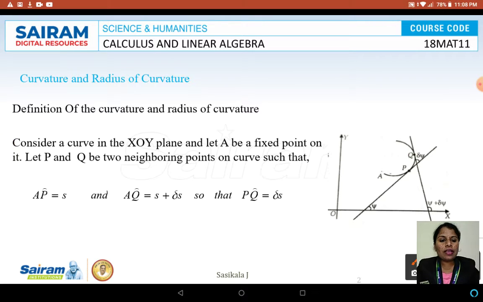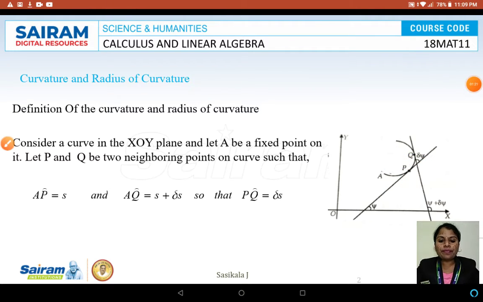So from A to P I have S, and from A to Q I have S plus delta S. Then only this part, P and Q, will be delta S. That is what has been given here. Okay.